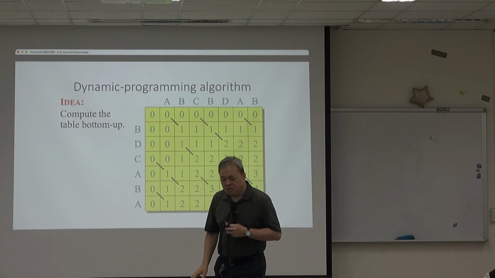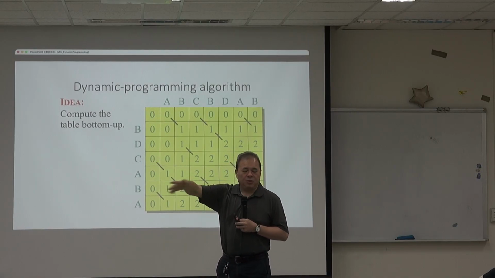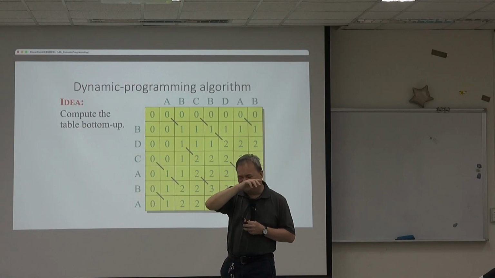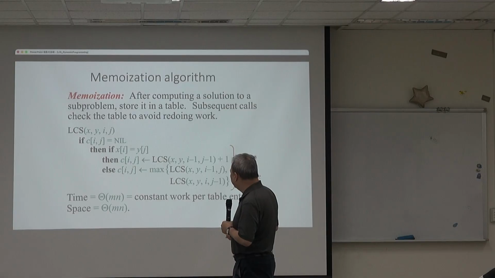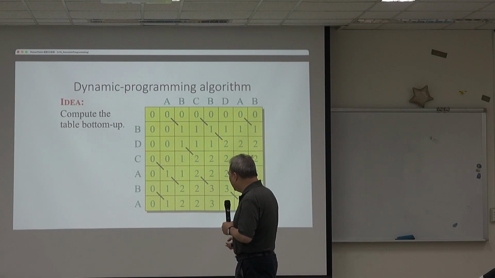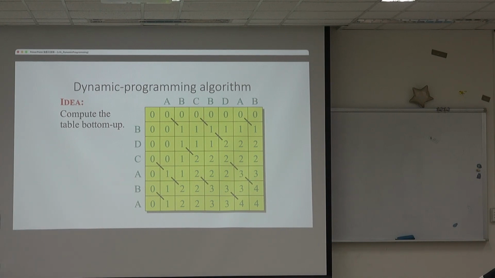And then you can go row by row or column by column to fill out this table by making use of this recursive formula. There are several advantages of that. First, conceptually, this is much easier to understand. Once you understand the recursive formula, constructing this from bottom up is conceptually easier.